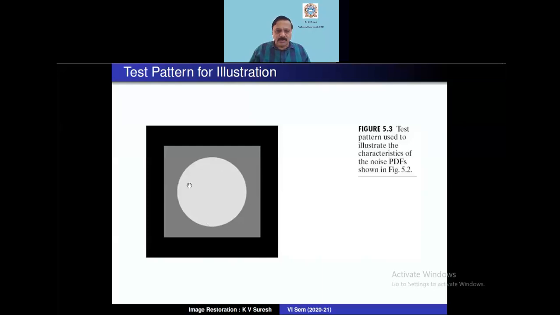I have also told you that this part of the image has one gray level, this part has another gray level, and this part has another gray level. Maybe you can assume this as 50, this may be 100, and this may be 150. So what will be the histogram of this image?